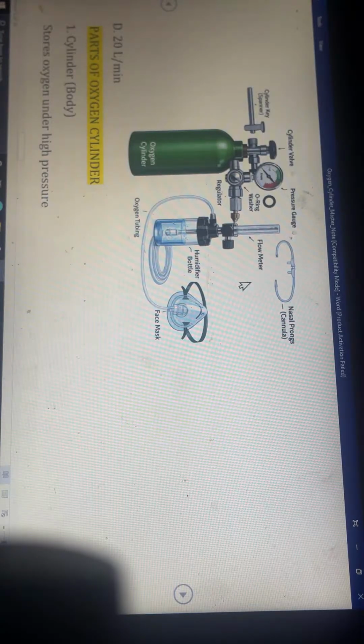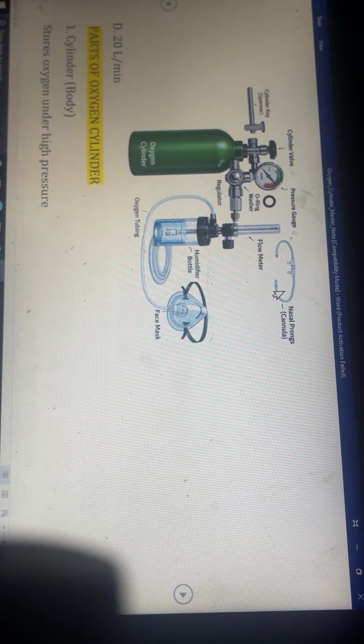Now, wonderful nurses and midwives, I want you to be fast. I want you to articulate fast with me. Are we together? Whenever you see this in the hospital that has 2 little pipes connected to the nostrils of a patient, for being a well-trained student in this academy, Nurse Brain Academy, what are you going to call this?